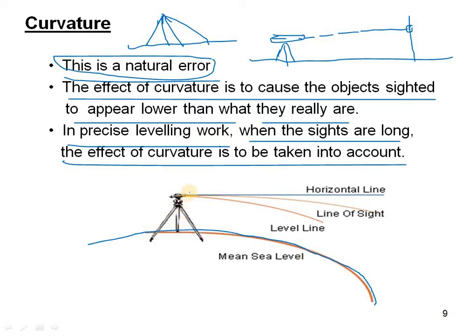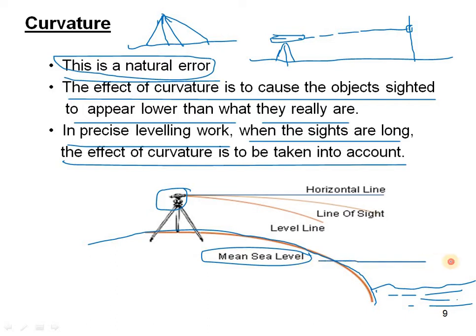If you keep the instrument on the ground surface, this is our mean sea level, which is under the earth surface where the oceans are. From this position you take the mean sea level line, and this is called the level line. The bottom one is called the level line, this is known as the line of sight, and this is called the horizontal line.